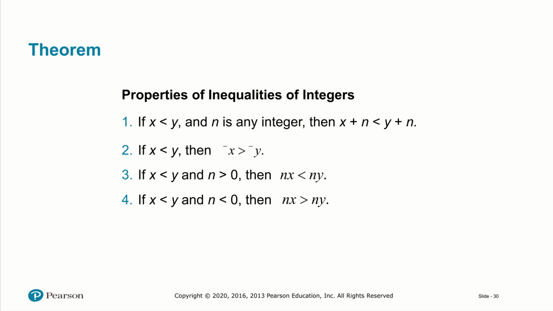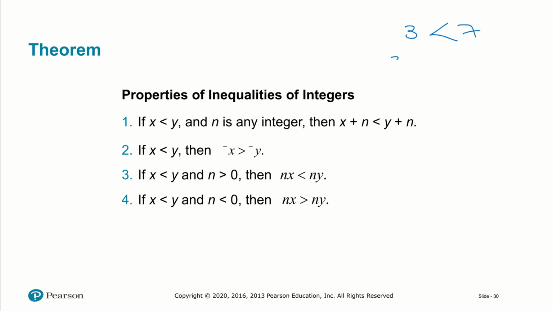Now, here are some important properties of inequalities. If x is less than y and n is any integer, notice that we can go ahead and add n to both sides, and that's not going to change the relationship. So x plus n is still going to be less than y plus n. Let's look at an example. Let's say we have 3 is less than 7, right?